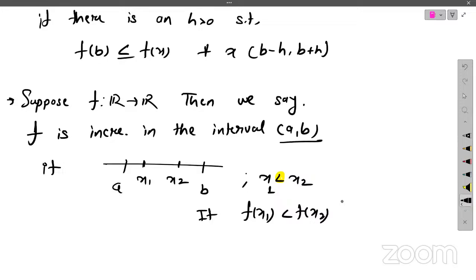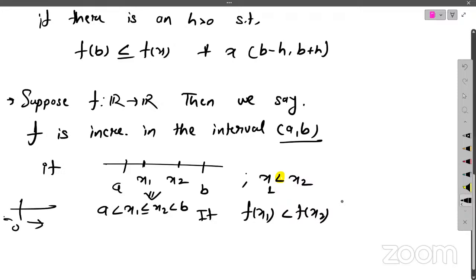That's the meaning of an interval. Whenever we write an interval, the general convention is that a is less than b, so a is less than x1, which is less than x2, which is less than b. You can assume the same thing because that's the real line, with 0 and the positive numbers.